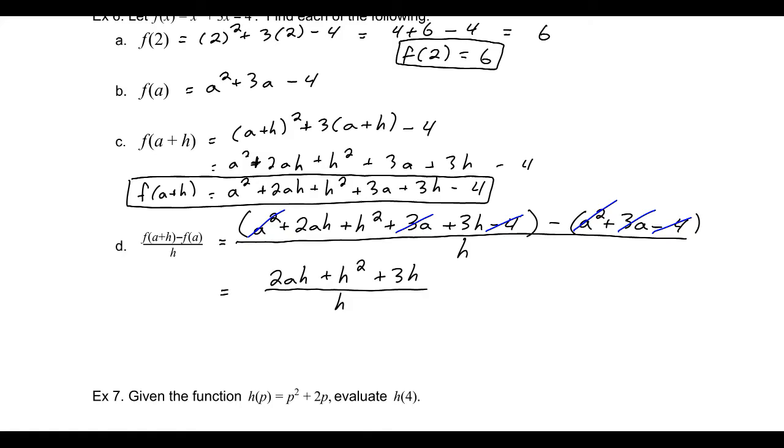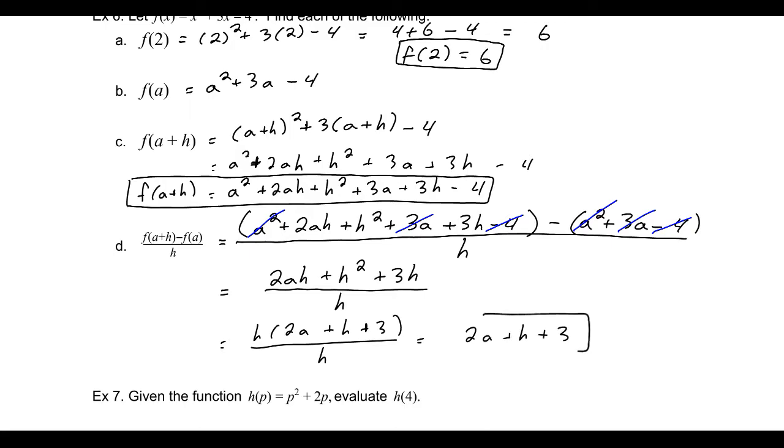Now factoring out an h in the numerator gives us h times (2a plus h plus 3), divided by h. Those h terms simplify, leaving us 2a plus h plus 3.